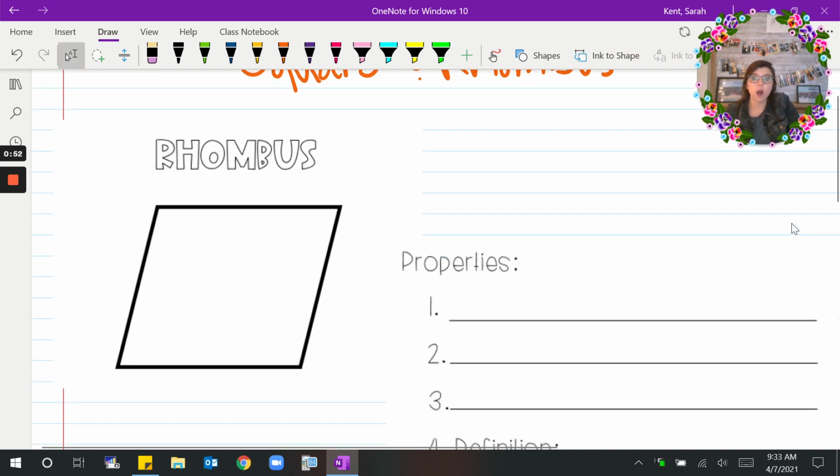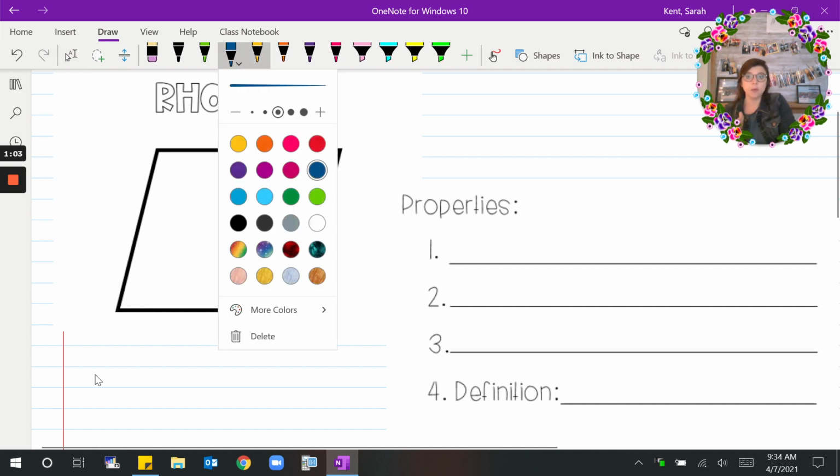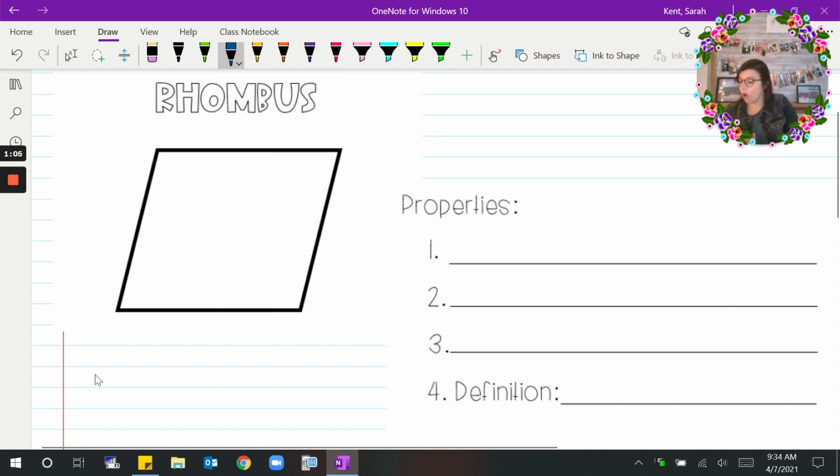So for our rhombus, you'll notice it looks like a parallelogram. It's the slant, but here it's a little bit shorter. With it looking like a parallelogram, number one is that it has all the properties of a parallelogram.